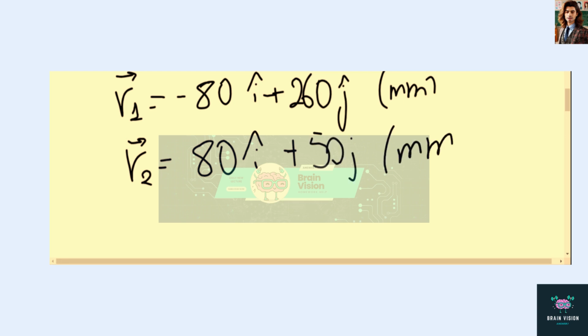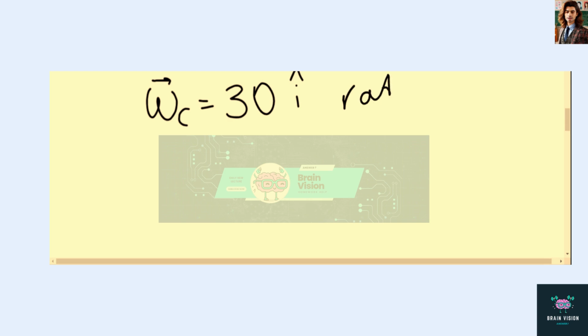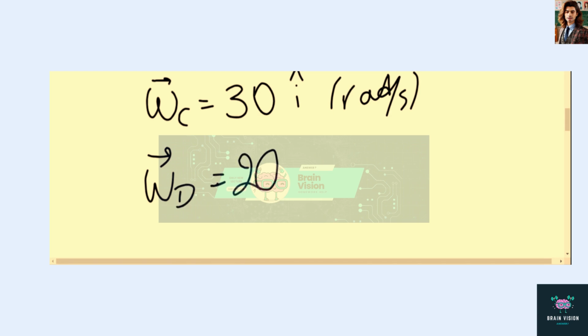This is again in millimeters. And given again the system of axes, let's write down the vector expressions for the angular velocity of gears C and D.